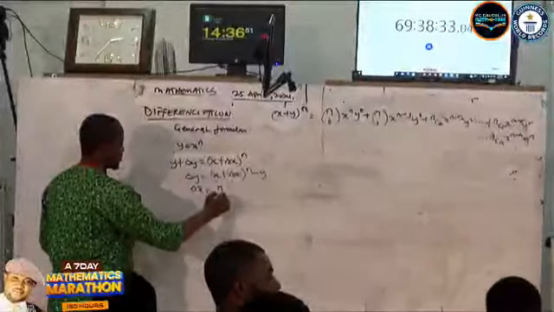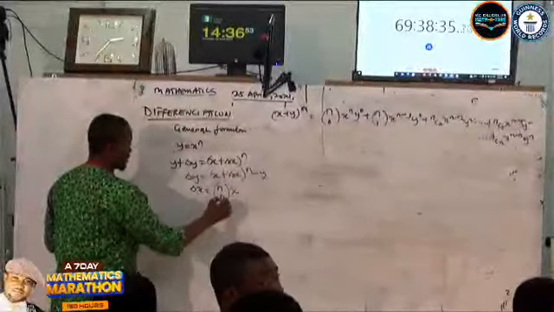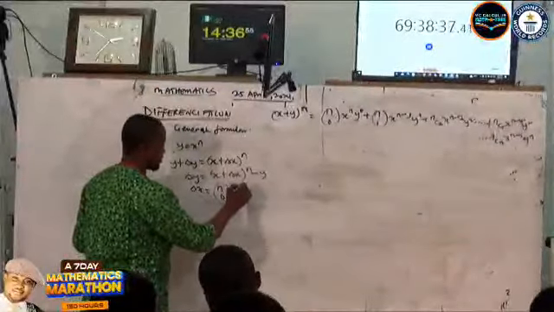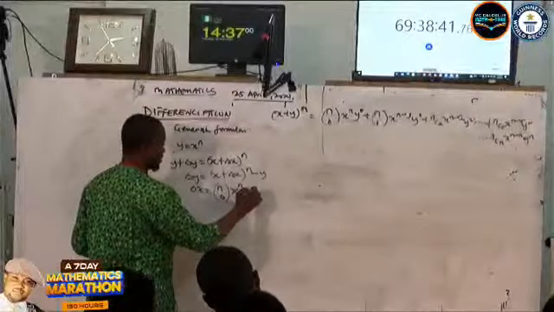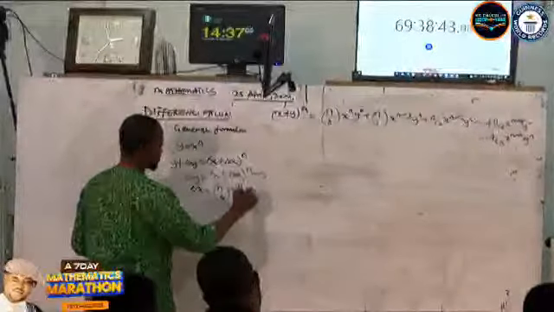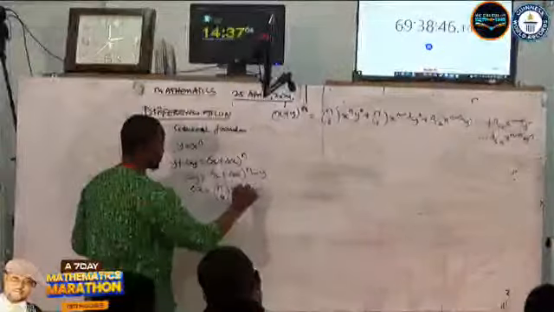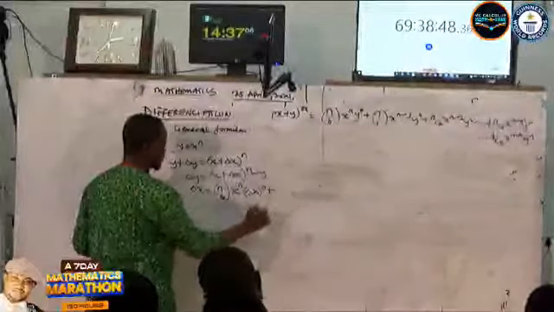n combination 0, x to the n, then change in x to the power of 0, plus, have you seen what I'm doing?